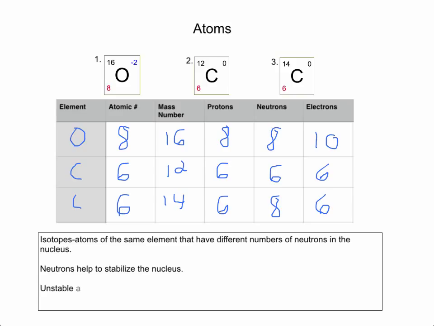Unstable atoms do not have the right ratio of protons to neutrons, and eventually the nucleus will break apart. We're going to talk about these types of reactions where the nucleus breaks apart later in the year when we get to nuclear chemistry.